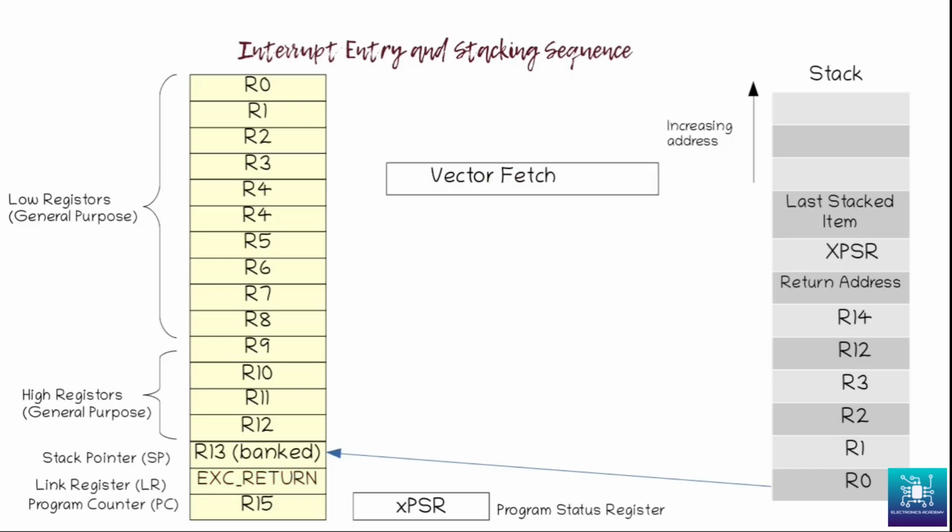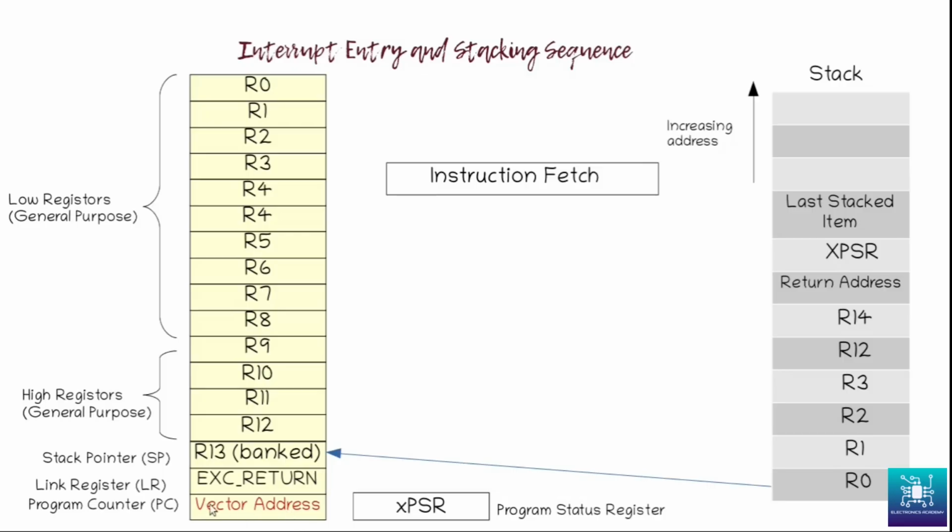After this, of course, there is the interrupt vector fetch. So the controller is going to go into the exception vector table and it is going to fetch the exception vector. Now the exception vector could be, say, a UART interrupt. For the UART interrupt, the ISR vector is fetched from the exception vector table and that vector address is put into the program counter.